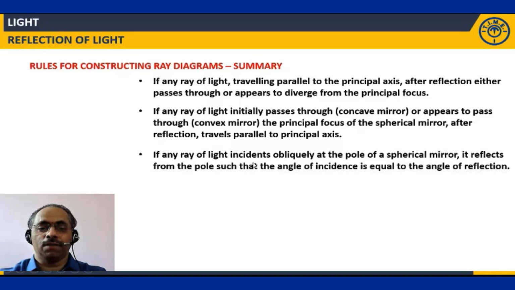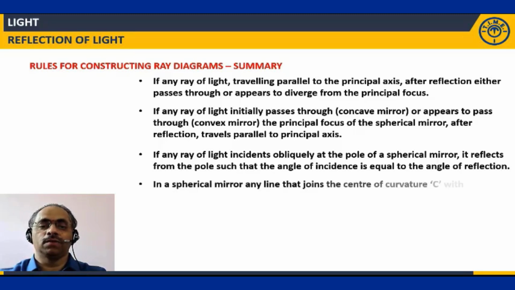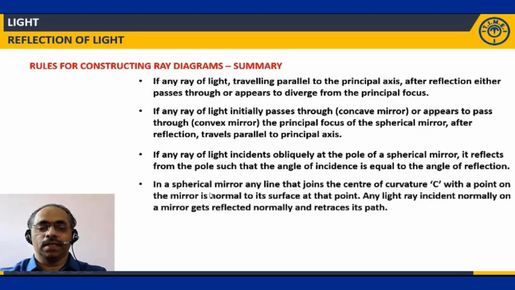If any ray of light is incident obliquely at the pole of a spherical mirror, it reflects from the pole such that the angle of incidence is always equal to the angle of reflection. This is also one of the important points to be remembered. Finally, in any spherical mirror, any line that joins the center of curvature with a point on the mirror is normal to the surface at that point.